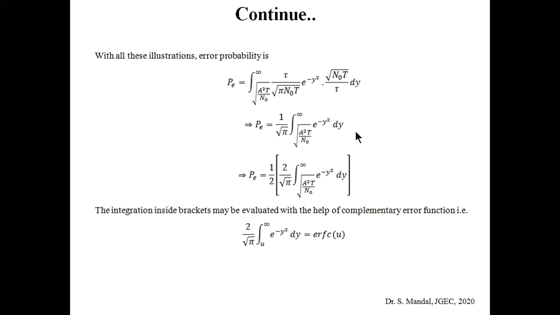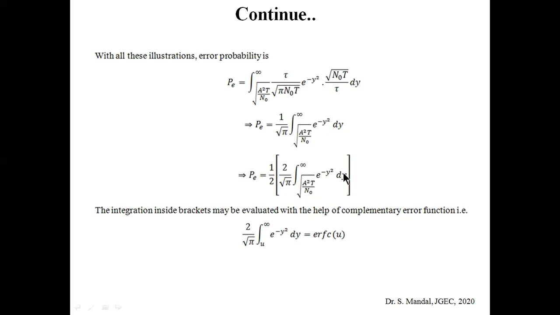Simplifying, Pe equals 1 by root pi times the integration from root over A square T by N_0 up to infinity of e to the minus y square dy. Now if we take out half from this equation, we get Pe equals half into 2 by root pi integration from root over A square T by N_0 up to infinity of e to the power minus y square dy.